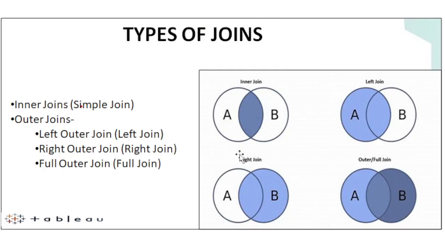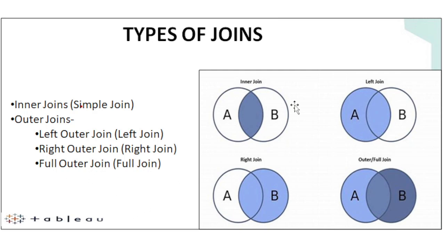For the next chapter, we have types of joins. We have different kinds of joins, but mainly we have inner join and outer join. Outer join is further subdivided into three categories: left outer join, right outer join, and full outer join.